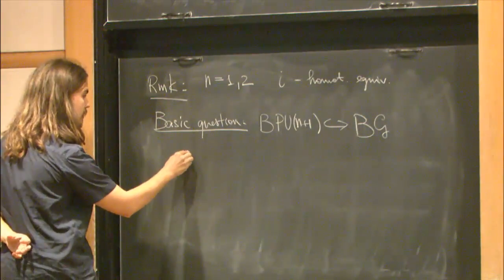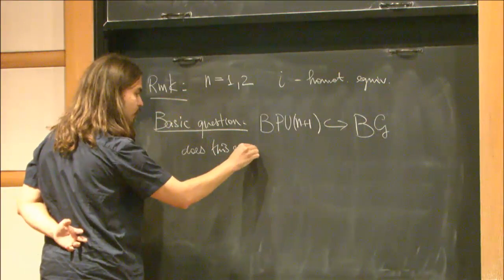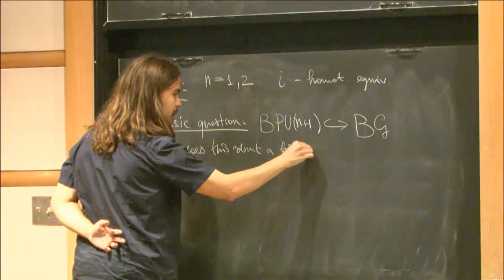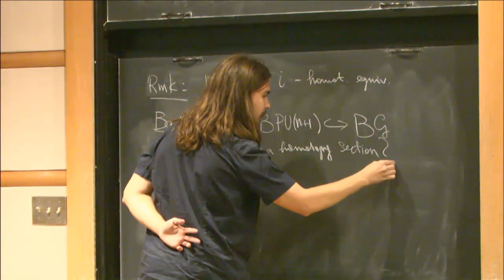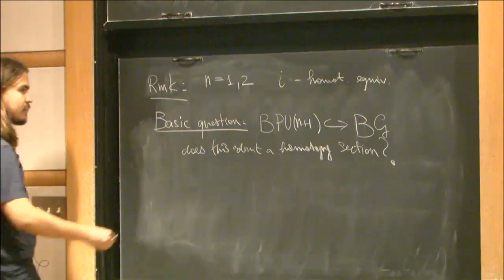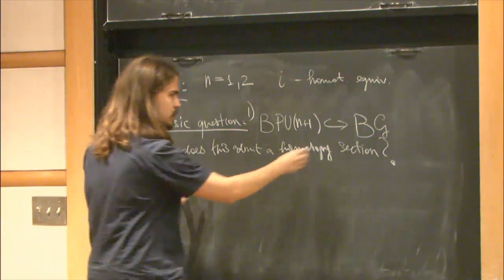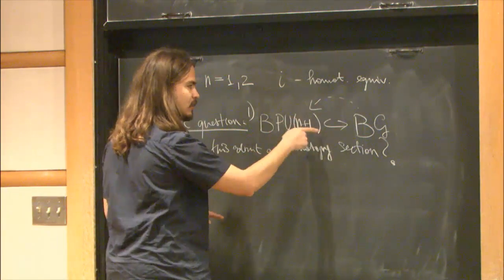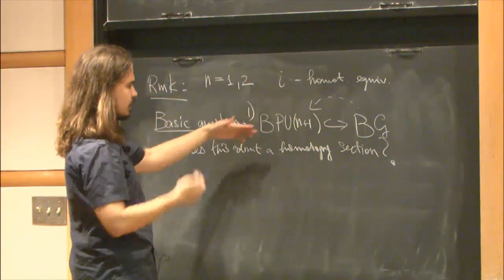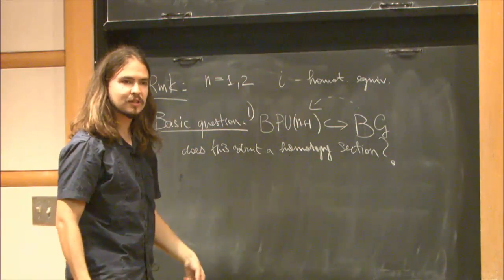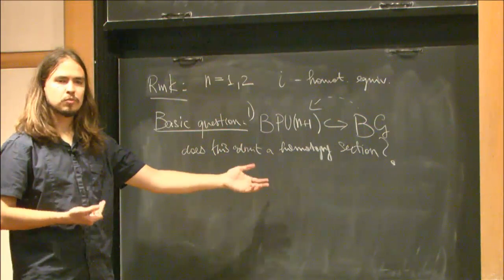Does this admit a homotopy section? So maybe this is question 1, which is super strong. A homotopy section would mean a map like this such that this composed with this is the identity, right? A different terminology for this would be a weak retraction.